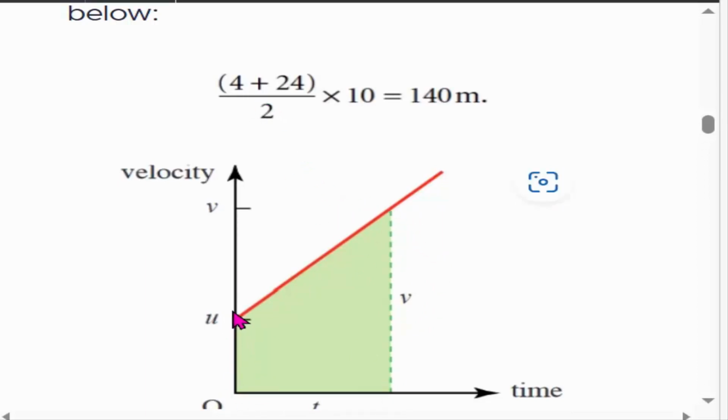So this side plus this side, multiplied by this side, divided by 2, is the area of this trapezium. So 4 plus 24 divided by 2 times 10 is equal to 140 meters. That is the distance traveled when it accelerates from u to v in 10 seconds.